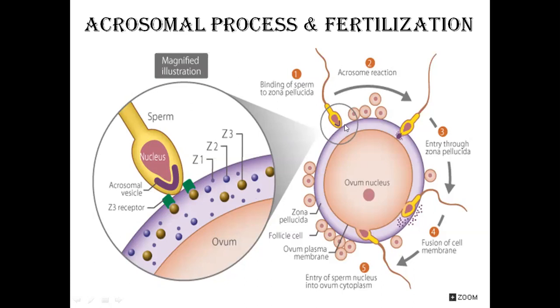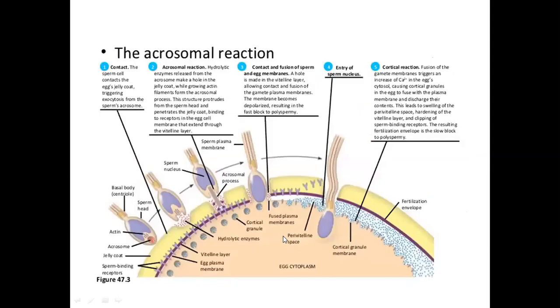So the sperm, once it comes in contact with the jelly-like coat, first has to penetrate through this coat, and then it has to produce holes in the vitelline membrane for the sperm nucleus to enter into the ovum. That is what is known as the acrosomal reaction.